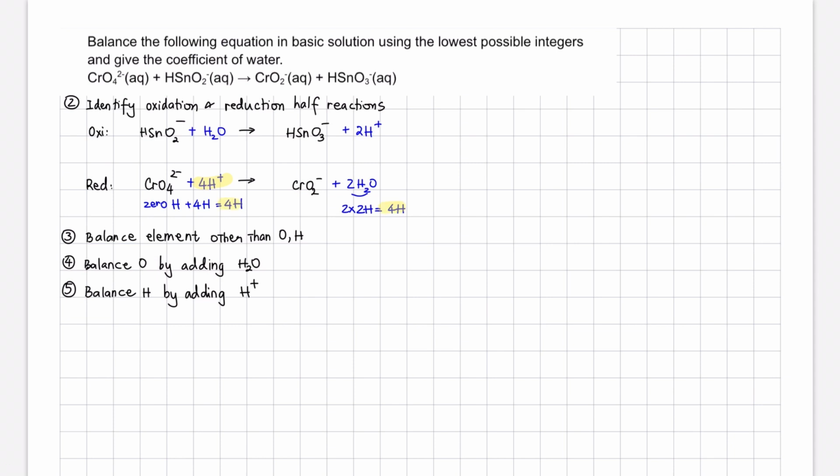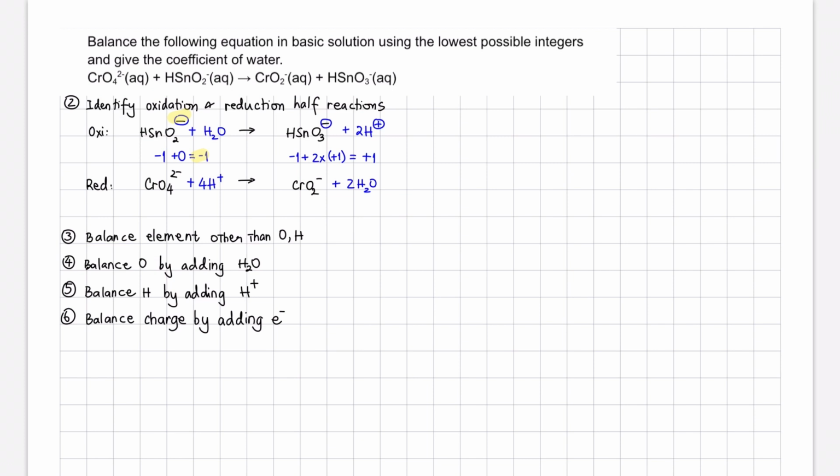Moving on to step 6, we need to balance the charge of the equation by adding electrons. So checking the charge of the oxidation half, on the left, we have HSNO2 with 1 negative charge plus H2O, which is neutral. So in total, we have -1 charge on the left.